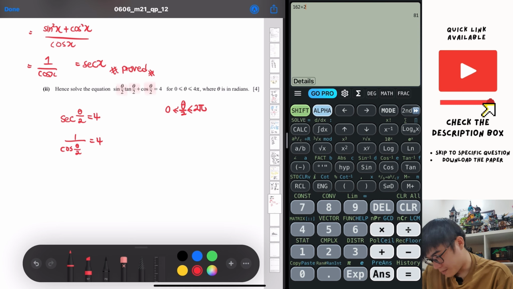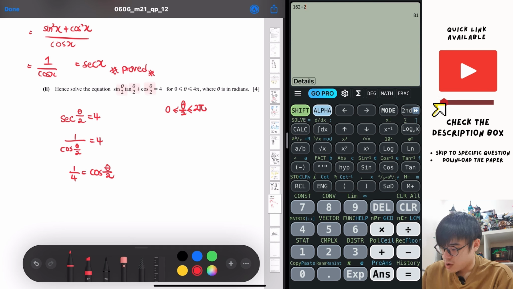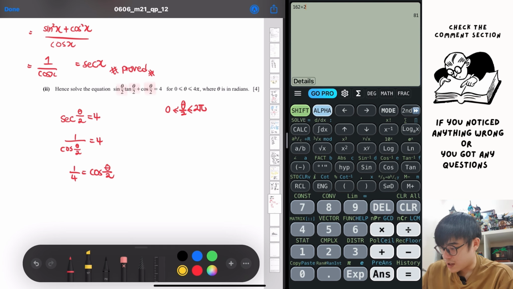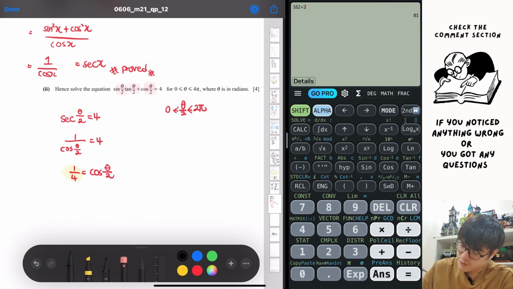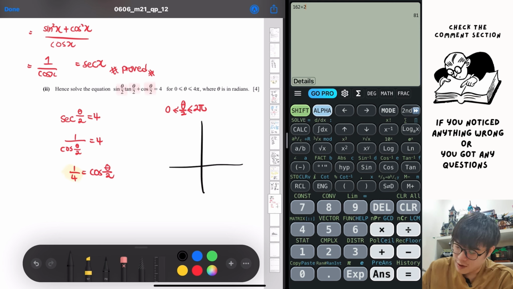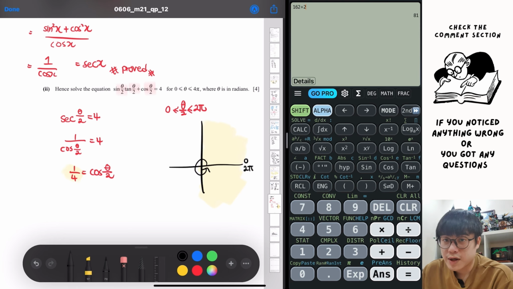Sort them out through cross multiplication. Then to get to the value, please analyze this. Since it is positive, our cosine will only be positive when they are in the first and the fourth quadrant. So what 0 is here, when they go all the way around, they arrive at 2 pi.